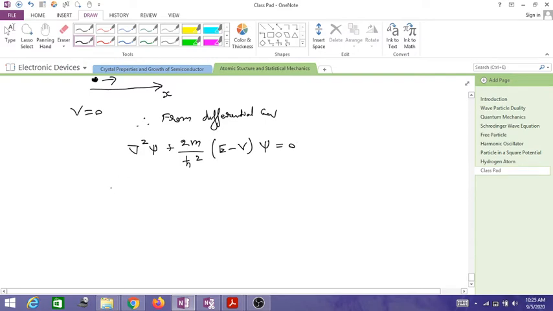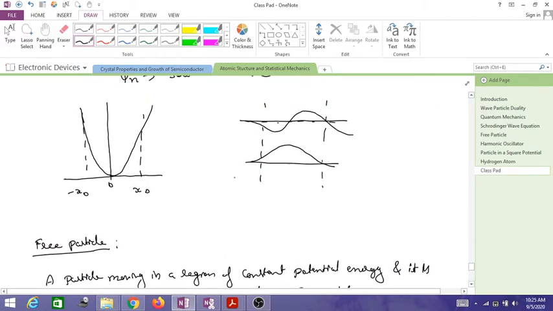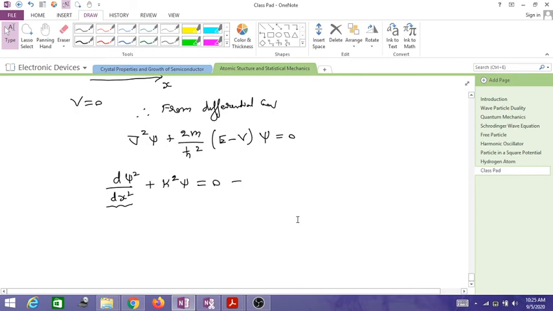So this equation can be written as a second order differential equation, d²ψ/dx². We take x because the state function is on the x-axis, so we are differentiating with respect to x, plus k squared operating on the state function. Let me continue the numbering here: it is 8, so let me call this 9.